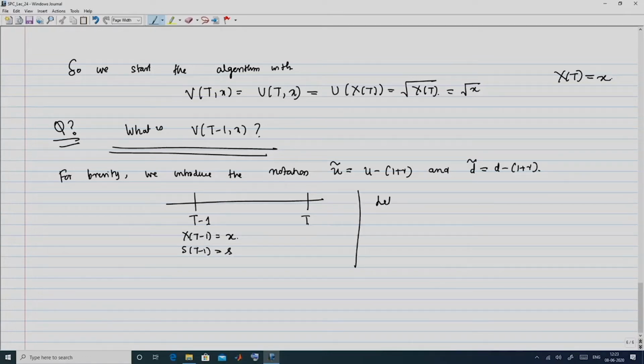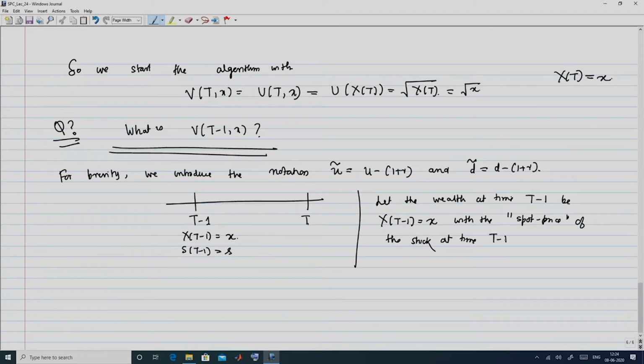So, let the wealth level for the investor at time capital T minus 1 be x, with the spot price of the stock at time t minus 1 being s of t minus 1, let it be some small s.